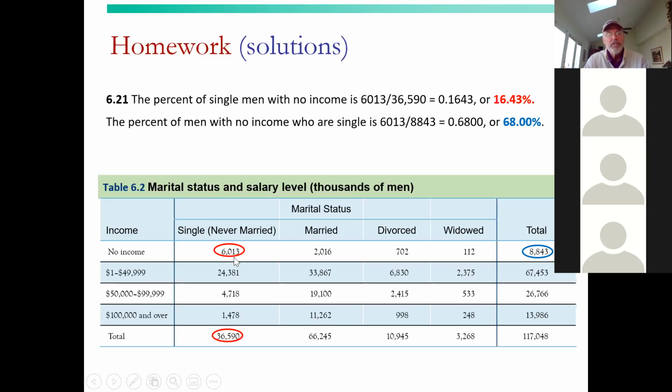We're going to use this same value here, only we're going to divide it by this value here because we are thinking of men with no income. Does everybody sort of see that? Yes. Okay. So that's conditional distribution.